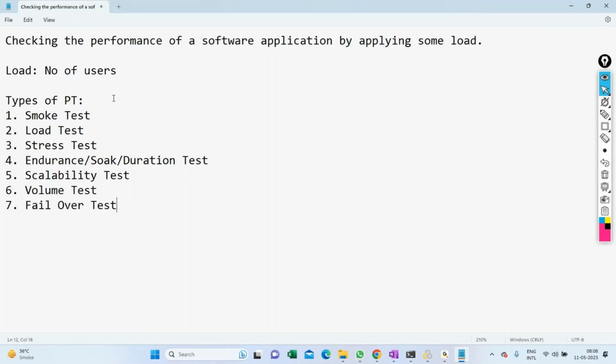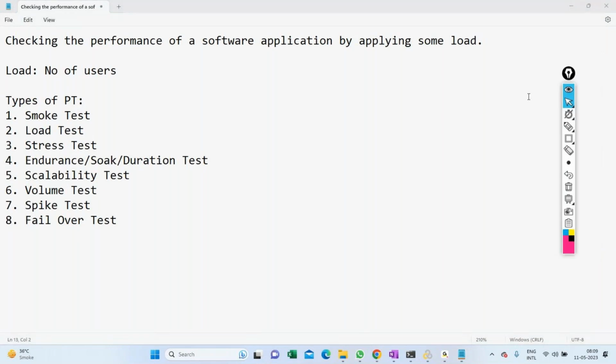Then you have failover test. So these are the different types of performance testing we have.